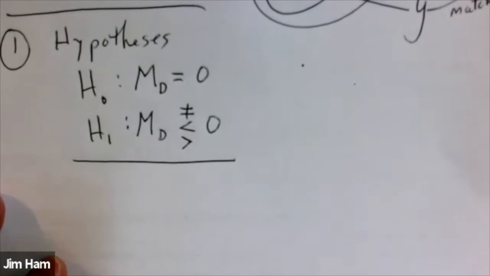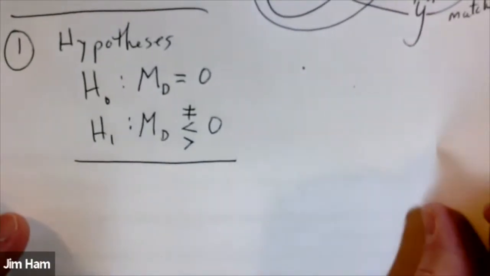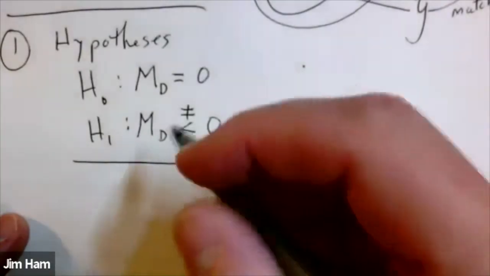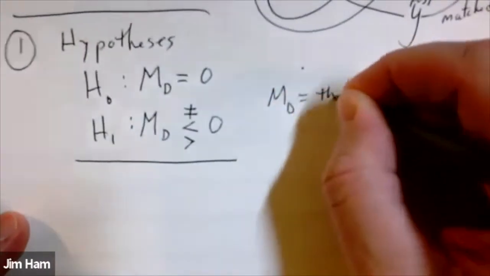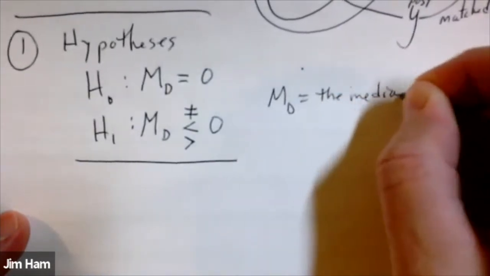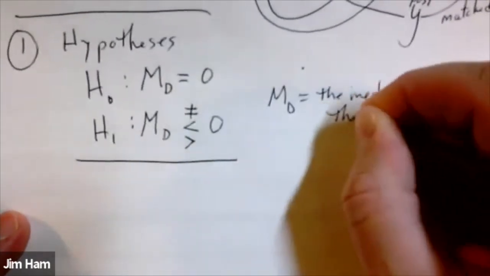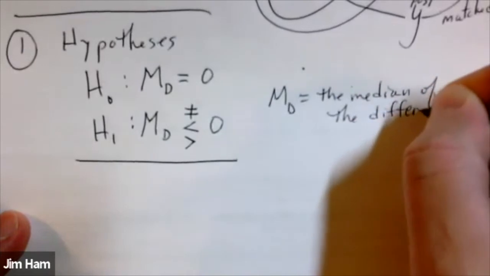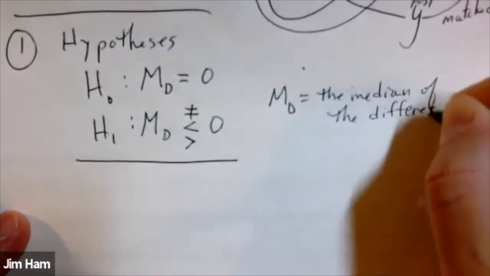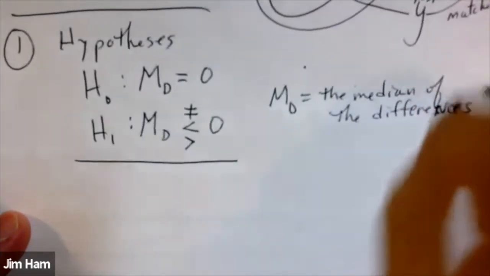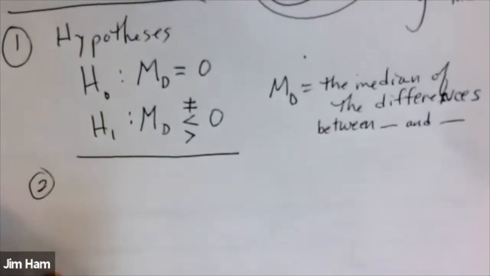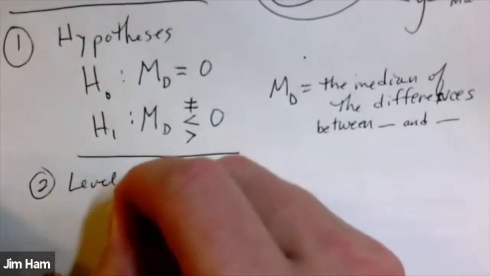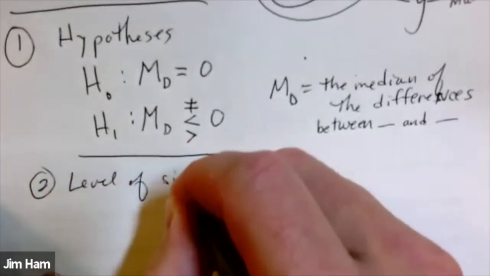Or is there no difference at all? So as normal, when you define this, you want to say the median of the differences. And then you need to indicate what you're subtracting.